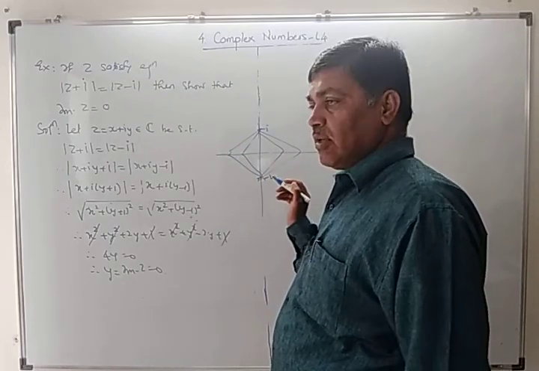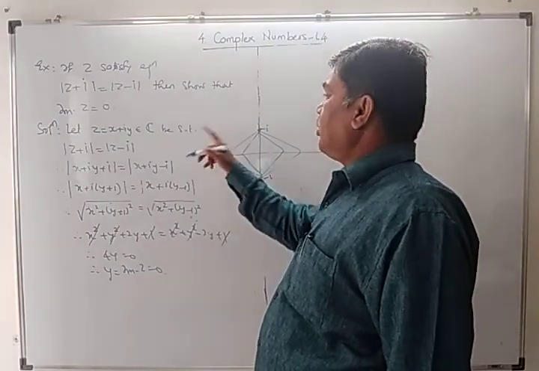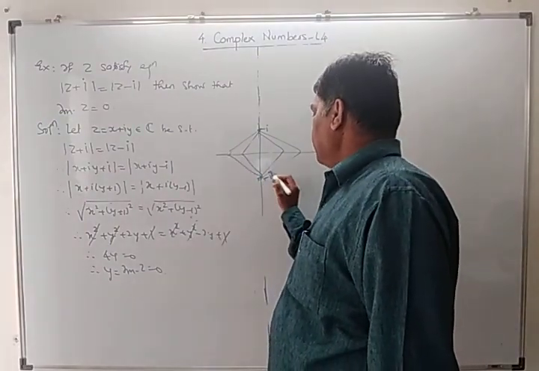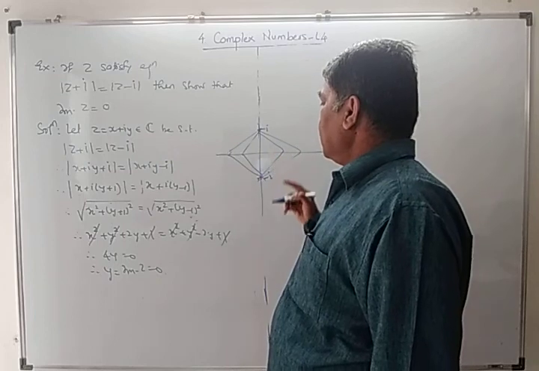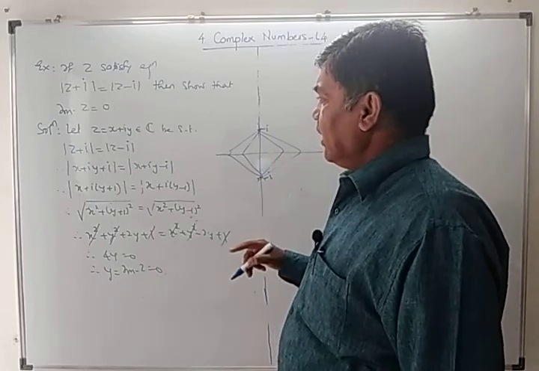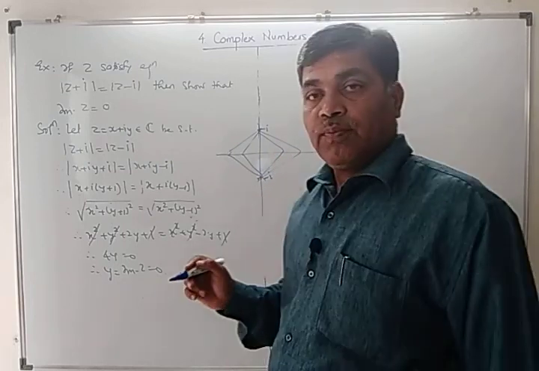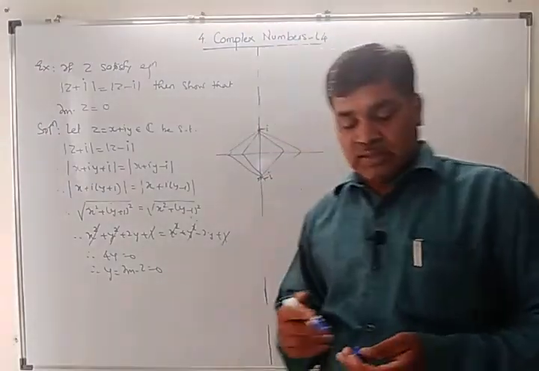All complex numbers on the x-axis are equidistant from i and -i, and every point on the x-axis has its y coordinate to be 0. Means in terms of complex number, its imaginary part must be 0.